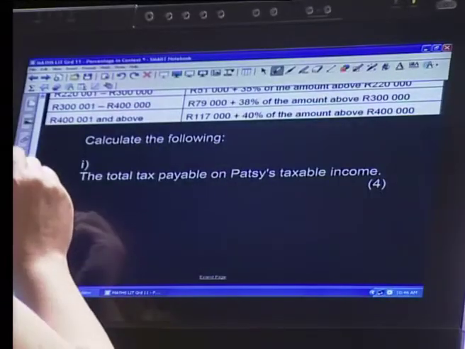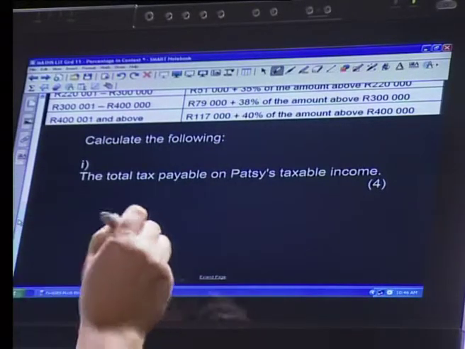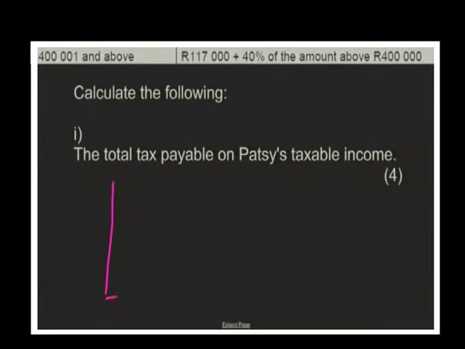So we basically end up almost, I'm going to show this to you because it's quite an interesting table. Let's look at it as a table like that. The first lot of tax that you pay is 18%. Then you pay 18% of the same amount, but you pay 25% of the next little bit.